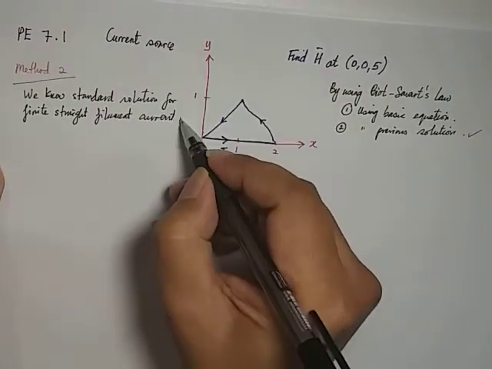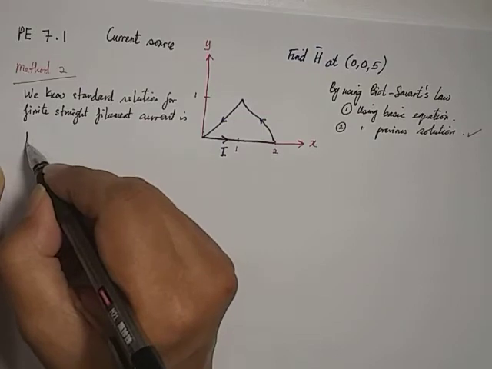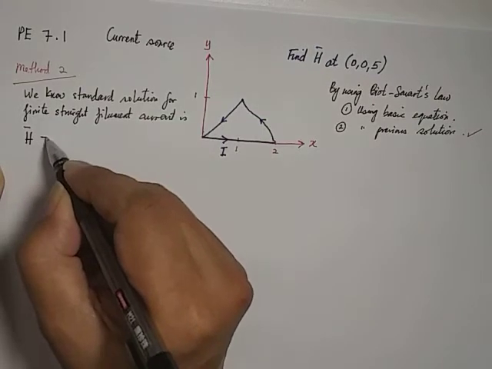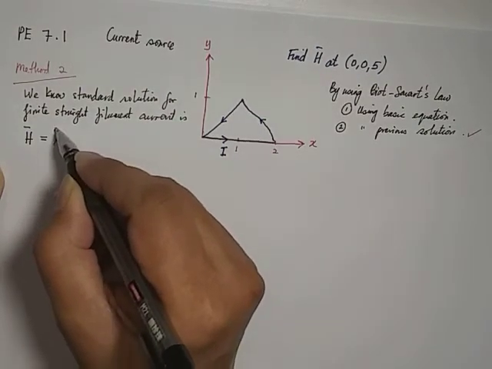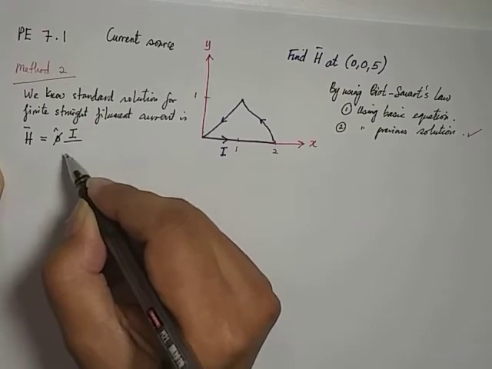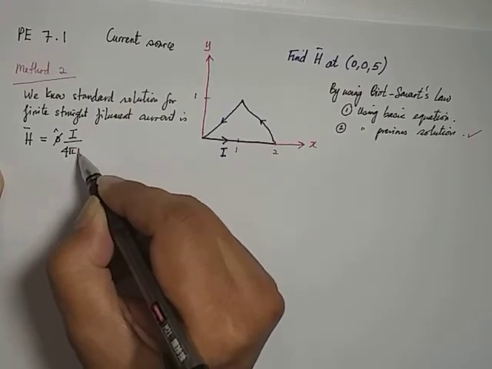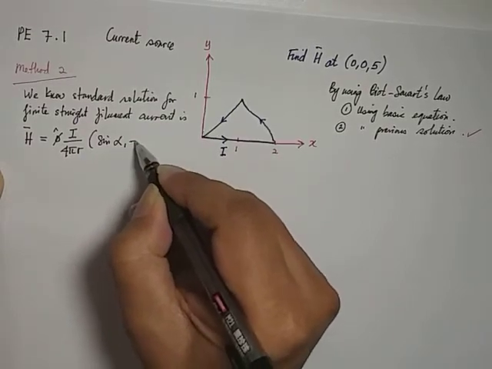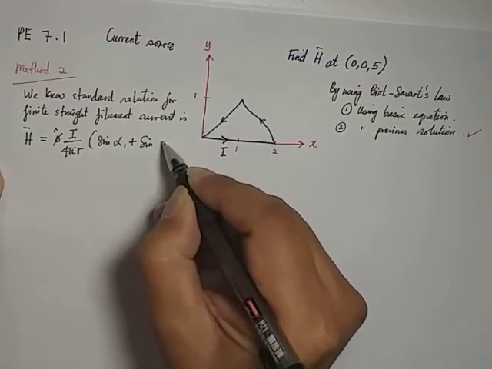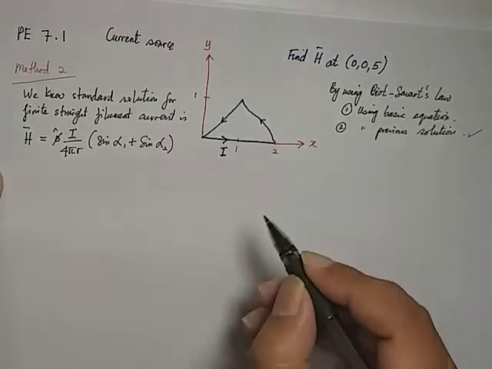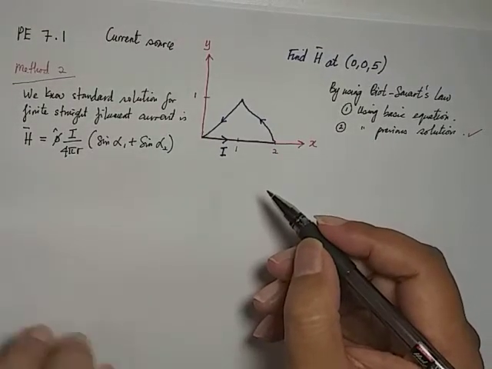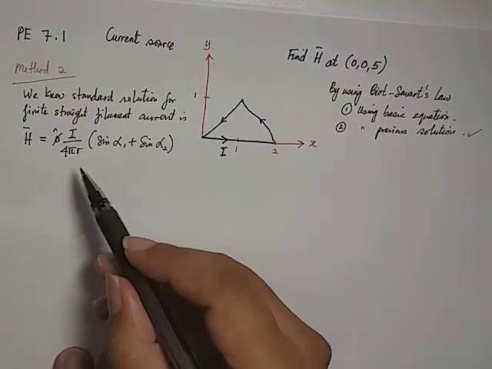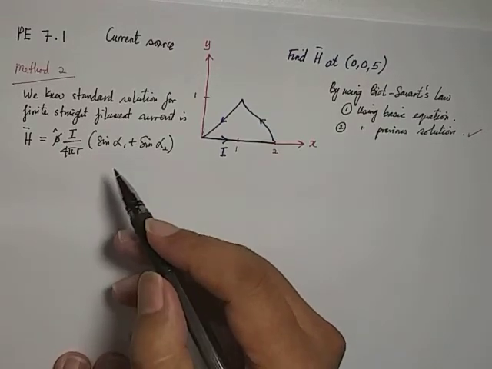H equals phi I divided by 4 pi r, times sine alpha 1 plus sine alpha 2. We have solved this problem together, and we need to relate this equation to the triangle.